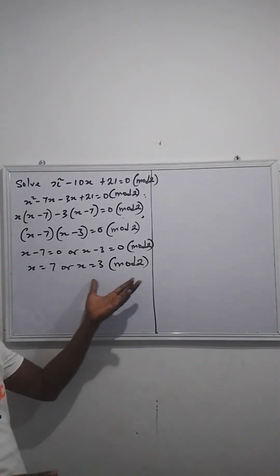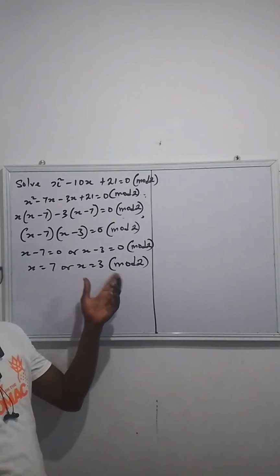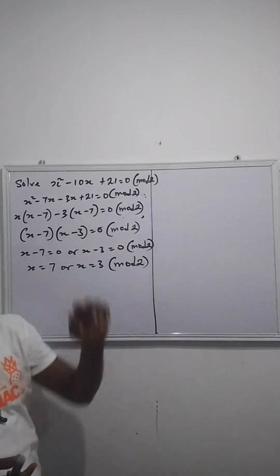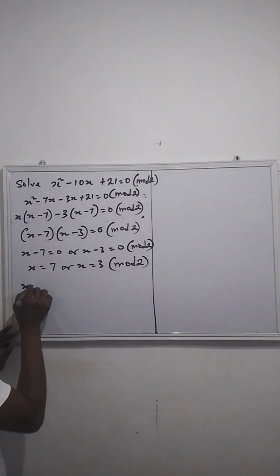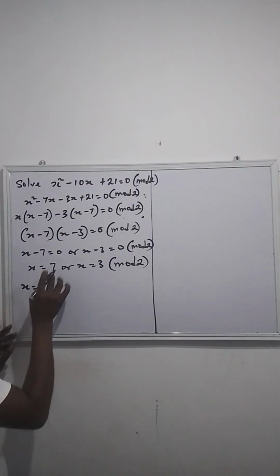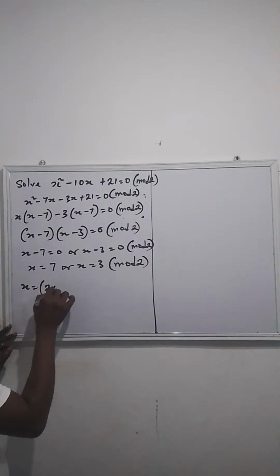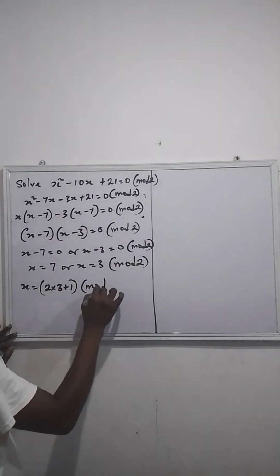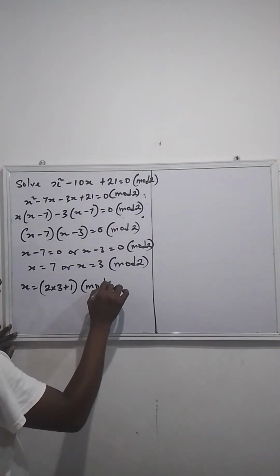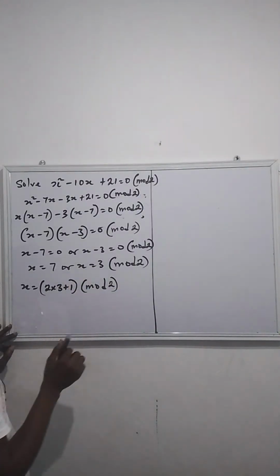We can't leave any of them in this form because they are bigger than the modulo, so let's work on them. x equals 7 mod 2: when you divide this by 2, you have 2 times 3 plus 1 mod 2. The same thing also applies to 3.